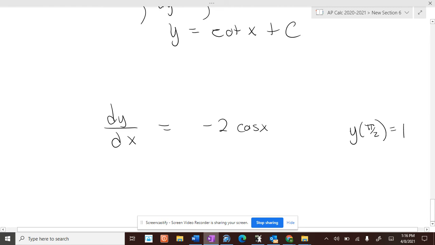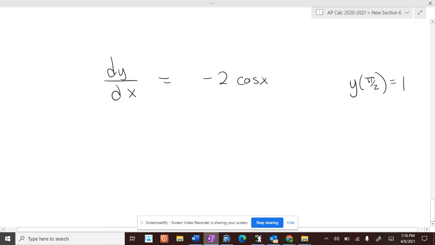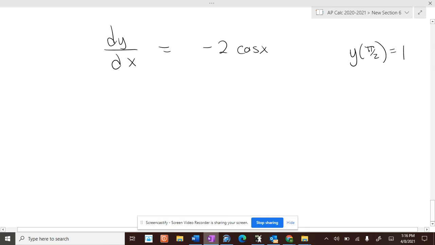All right. So, what is the solution to this differential equation if y of pi over 2 equals 1? What is the solution to this differential equation? Ty, you start us out.